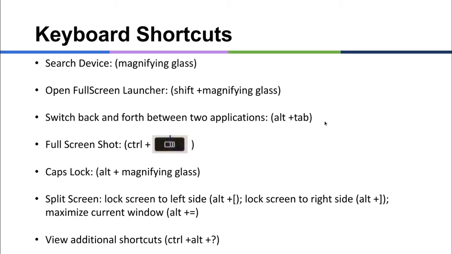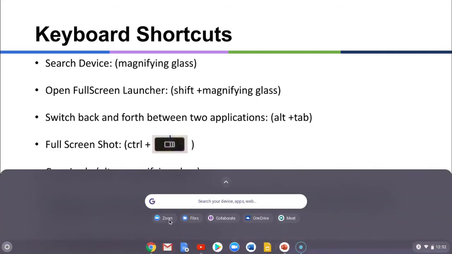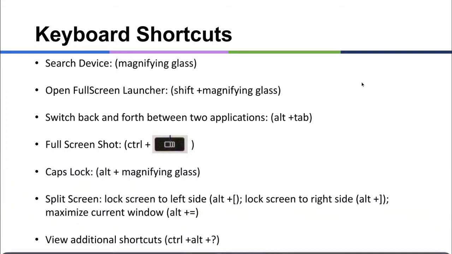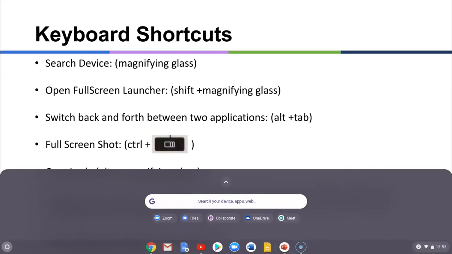Yes, we can use our mouse and go over to the launcher, pull that up, and then use our search bar. However, we can search for things without even having to use our mouse. On the left side of your keyboard, you have a little magnifying glass. If I tap that, it brings up my search box. So I can immediately start searching without having to move my mouse.